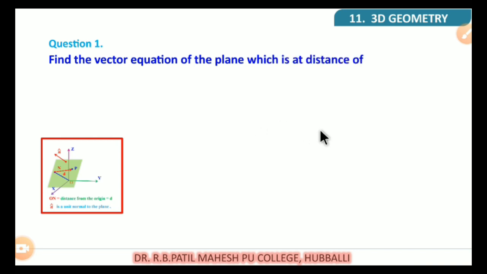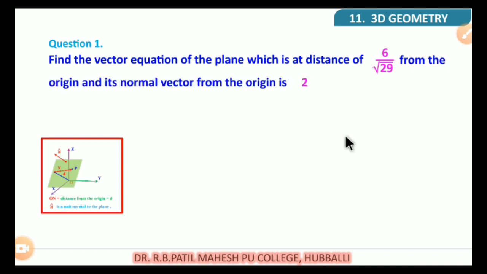Based on all these points here, I am going to solve one problem. Take question number 1. Find the vector equation of the plane which is at a distance of 6 divided by square root of 29 from the origin, and its normal vector from the origin is 2i minus 3j plus 4k.